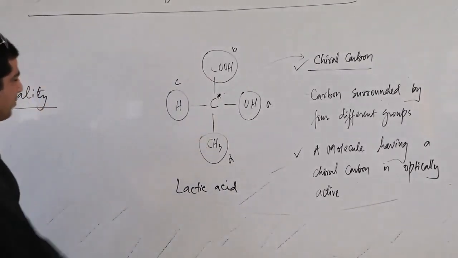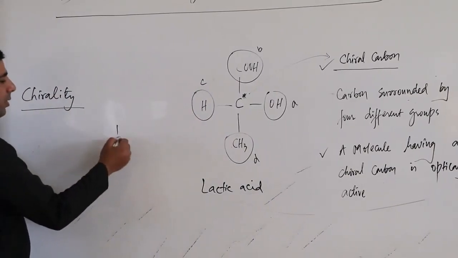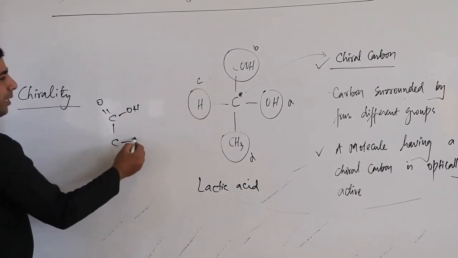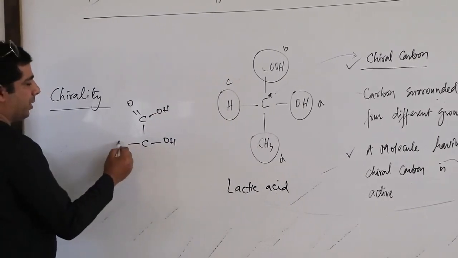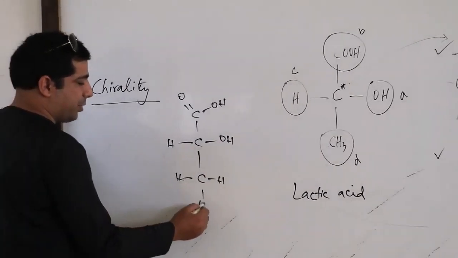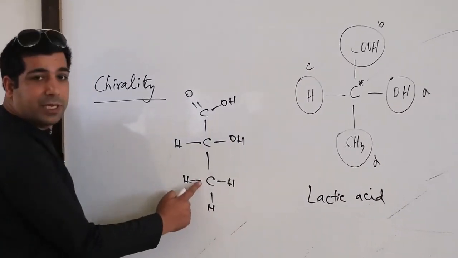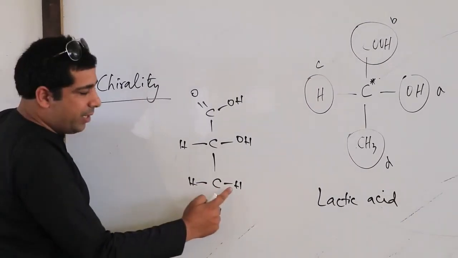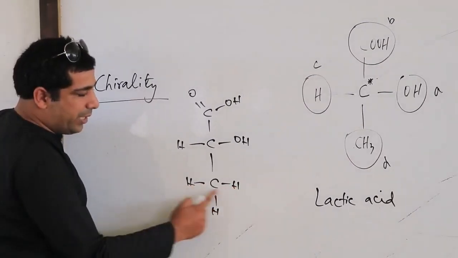You can open up the structures here. Have a look. C double bond O, OH. And here we have OH, here H, and here we have H, H and H. Look at this carbon. This is not surrounded by 4 different groups. It is surrounded by 1, 2, 3 that are the same.